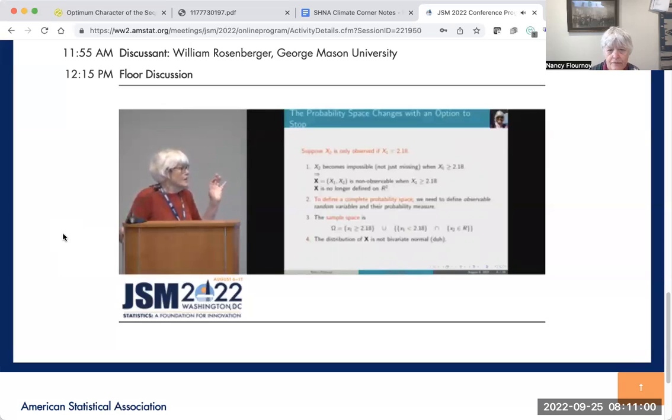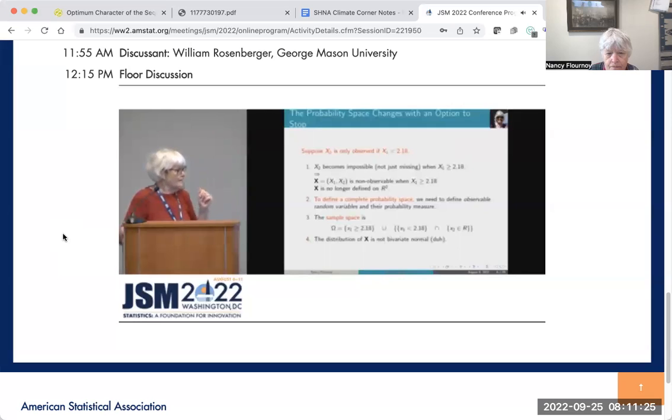So this random variable, the pair X1, X2, is not observable. And we want a probability measure defined with regard to our observable random variables. At the bottom there is the sample space that is actually available to you.